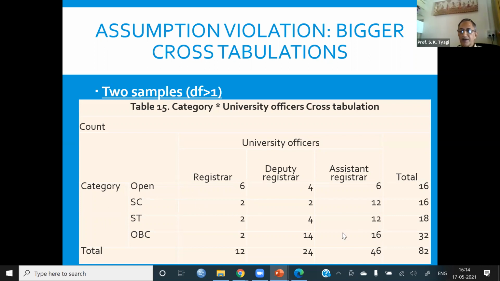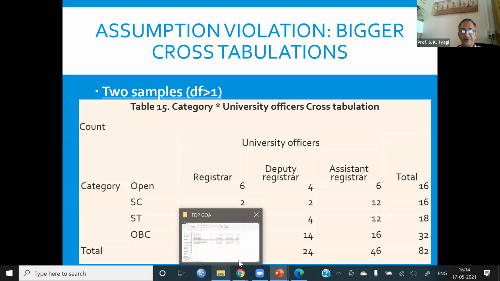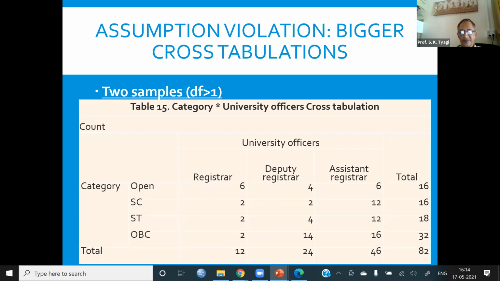Now the data was collected for 82 subjects. Sample size is 82. Out of these 82, registrars are only few, because in a university there is only one registrar. It has been taken from 12 universities, so there are only 12 registrars.